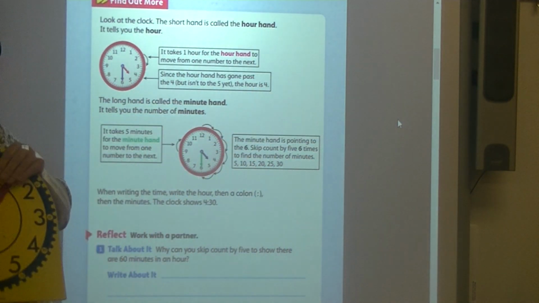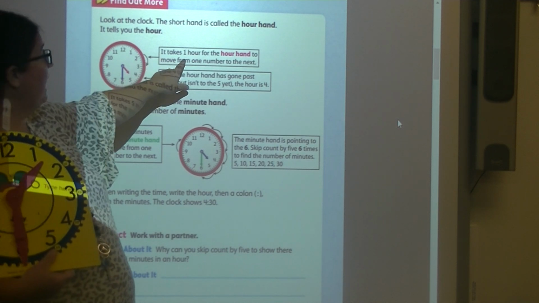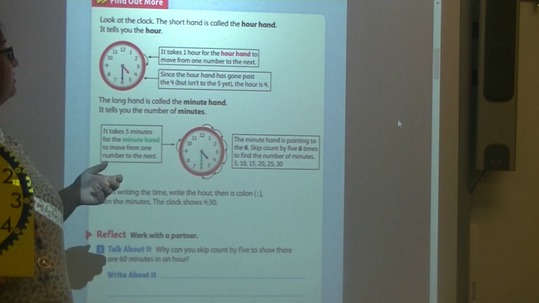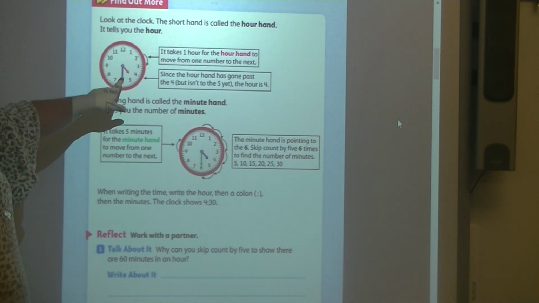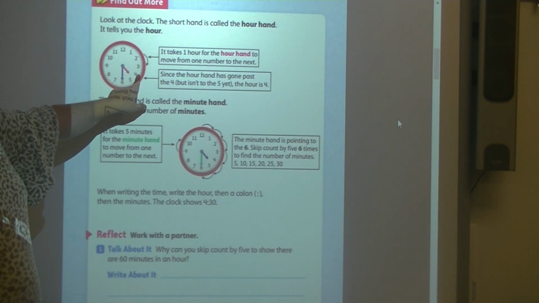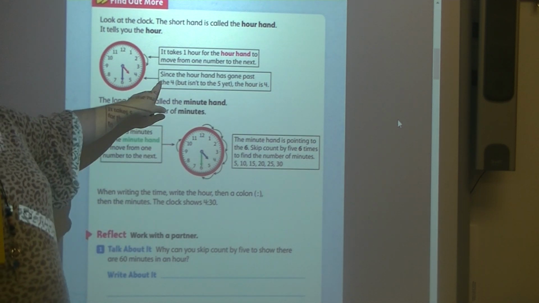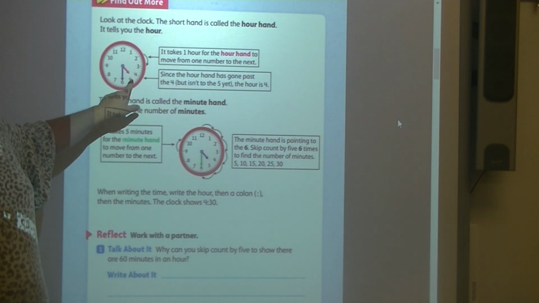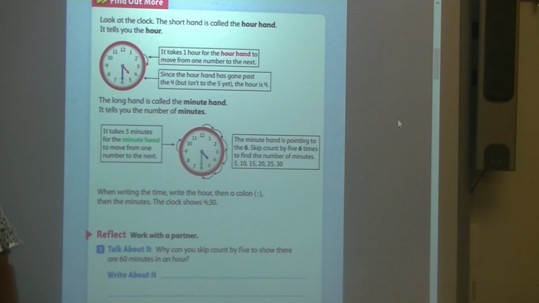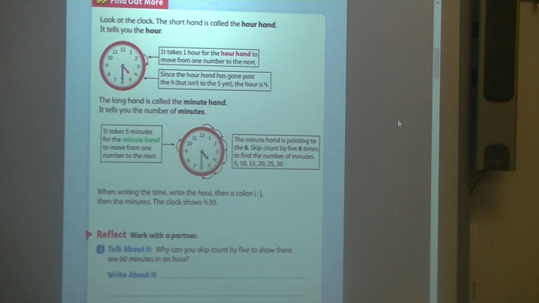Okay? It takes 1 hour for the hour hand to move from one number to the next. So your hour hand will move from number to number in 1 hour. Since the hour hand has gone past the 4, but isn't yet to the 5, it's still 4 on this clock.